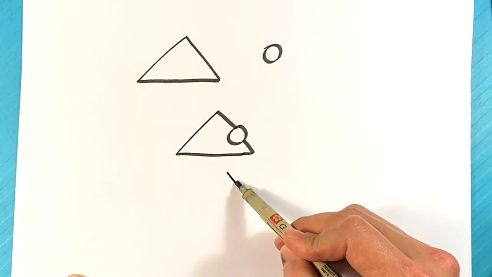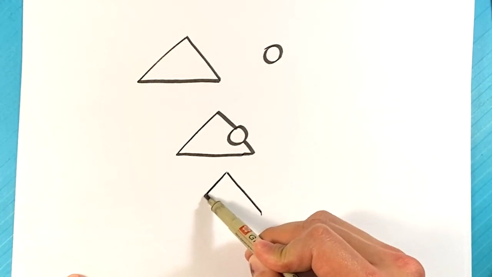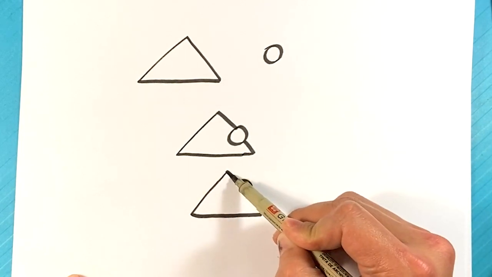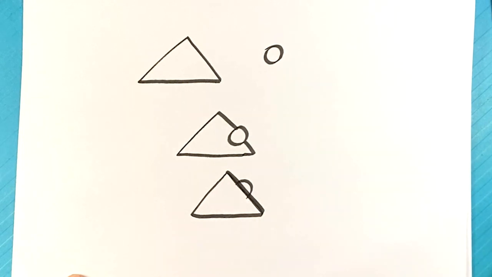Or, what if it gets closer to each other, and it does that? Well, now we know that the ball shape was behind the triangle. We don't know how big or small it is or how far it is, but we know for a fact it is behind there.